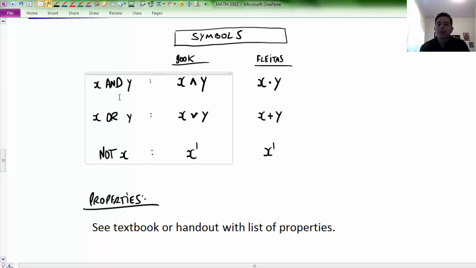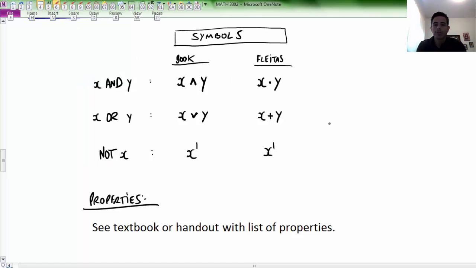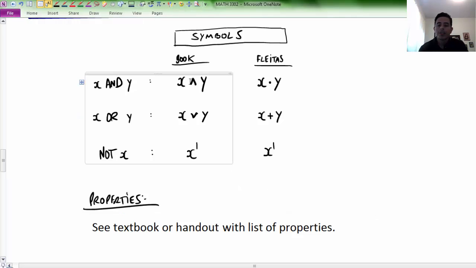Before we go any further, we need to define symbols for these gates that we defined. So here's the operation. If you have x and y, in the book there is a symbol for that. Here is the caret.